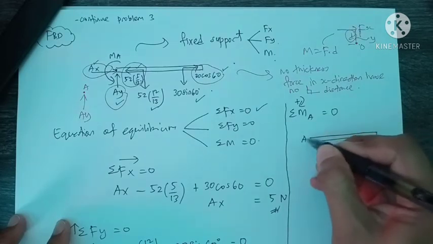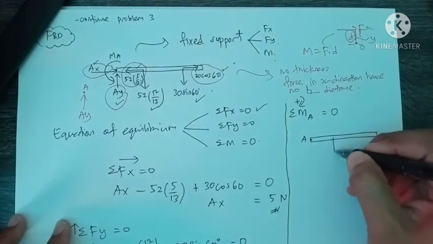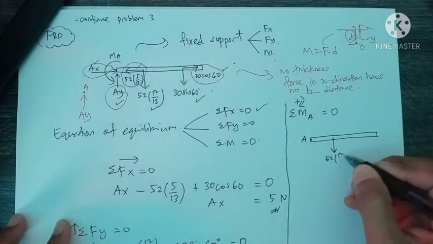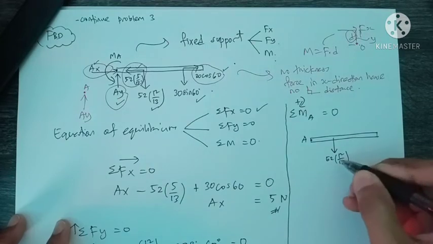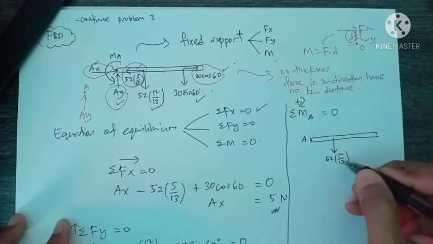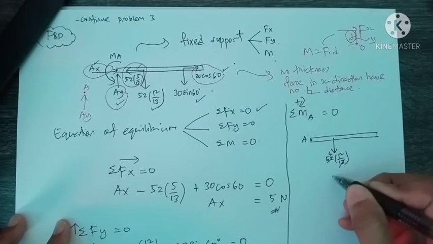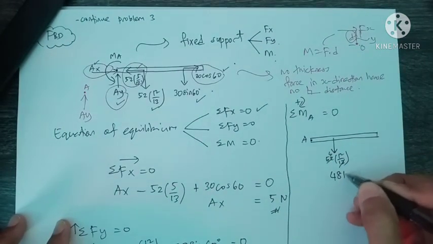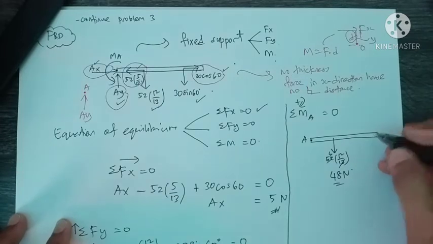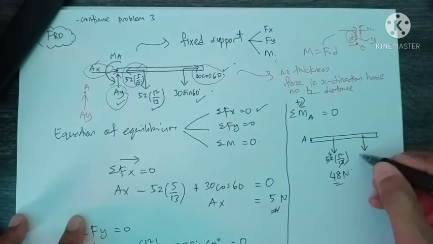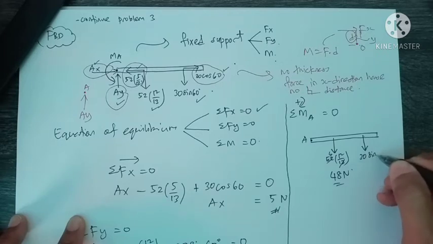This is point A, this is the force 52 12/13. We simplify this: 13 into 4, this is actually 48 Newton. And then here we have the force 30 sine 60.